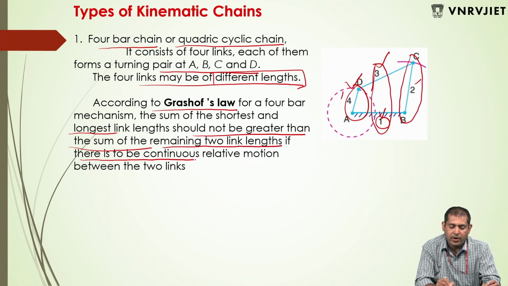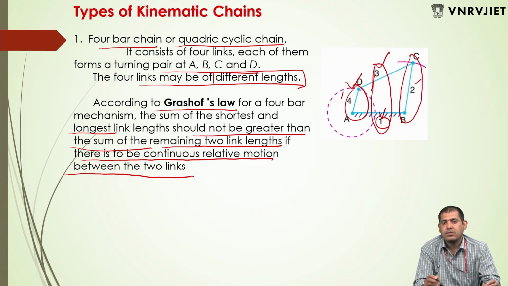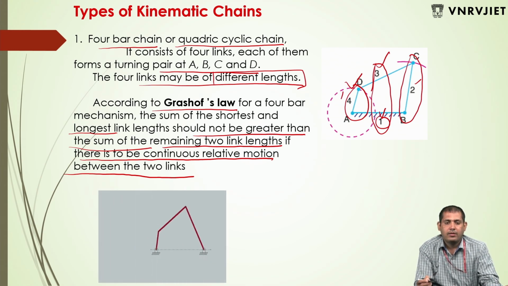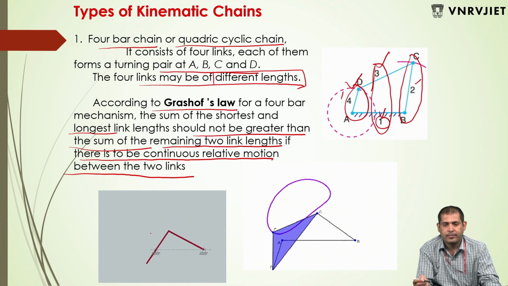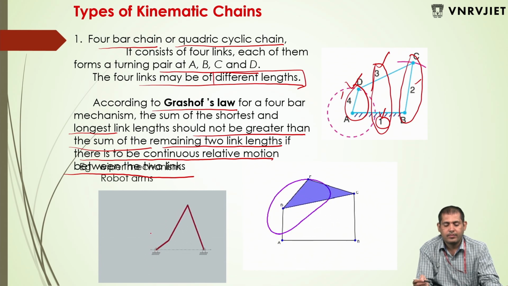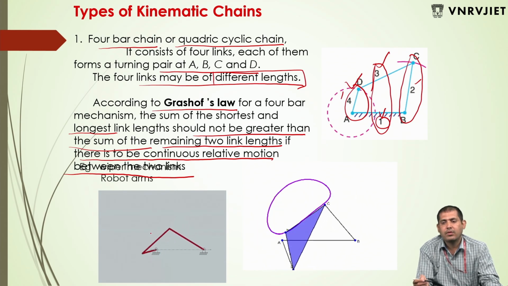If this condition is satisfied, then only there is continuous relative motion between the two links, and we can transmit one degree of freedom. So 4 plus 2 and 3 plus 1. Examples: wiper mechanism and robot arm.